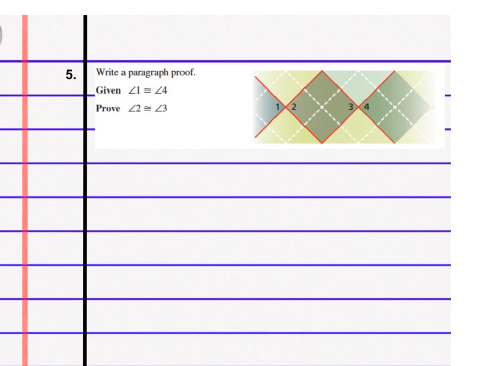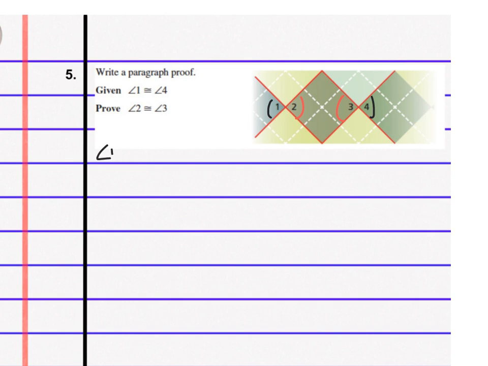Okay. All right, last problem. We're going to do a paragraph proof. Given that angle 1, so let's look at our diagram. Angle 1 right here is congruent to angle 4. Prove that 2 is congruent to angle 3. So let's always start with what we know.